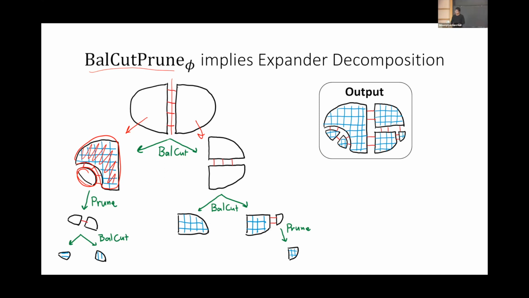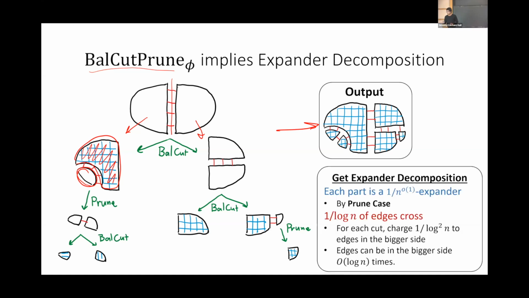So just keep calling this thing, and it will give you some vertex partition. And now I claim that you really get an expander decomposition. And the reason is that whenever you stop your recursion, you stop because of the prune case. And the prune case said that the bigger side is an expander.